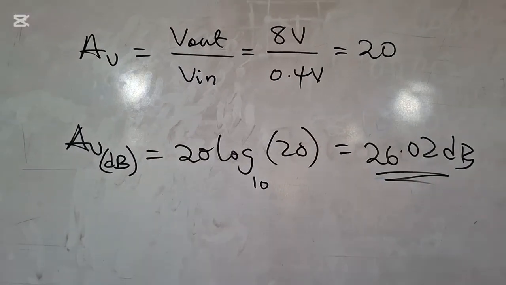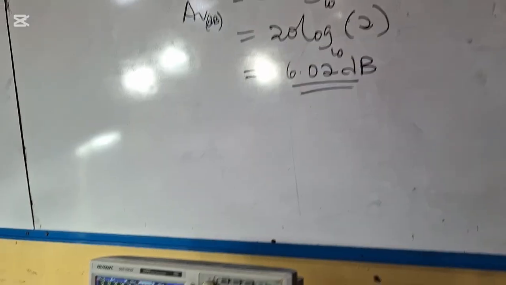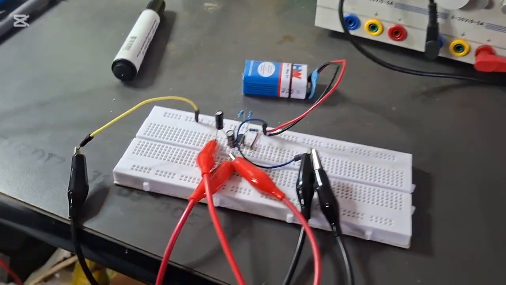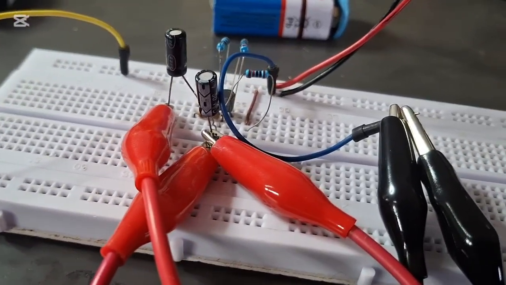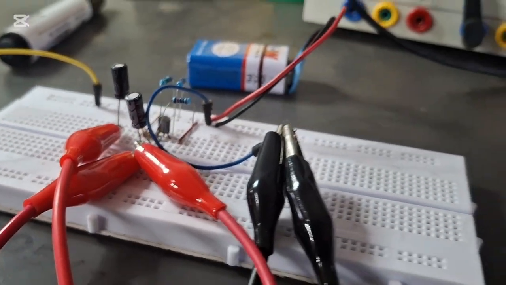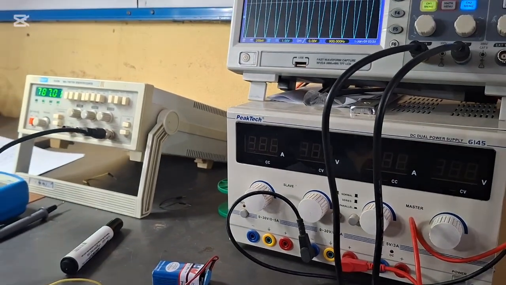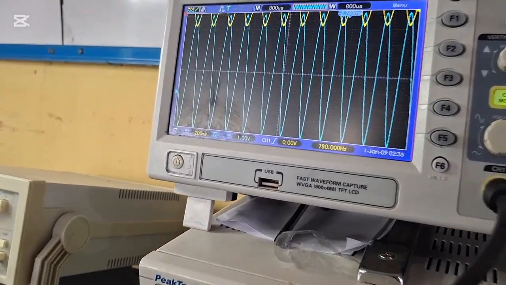So that tells you that this amplifier can really perform very well. These are the test results for the AC analysis, and I believe that you are going to try this and enjoy.